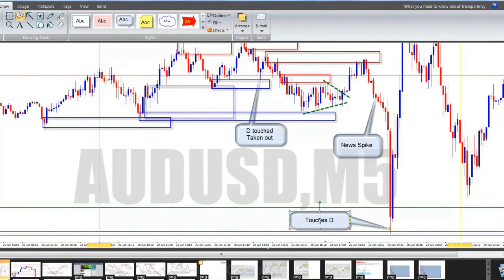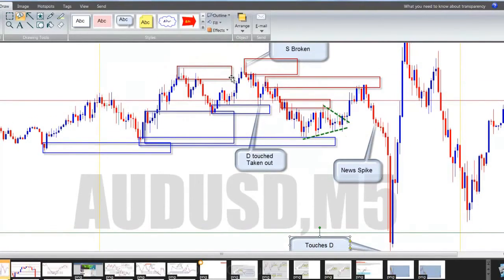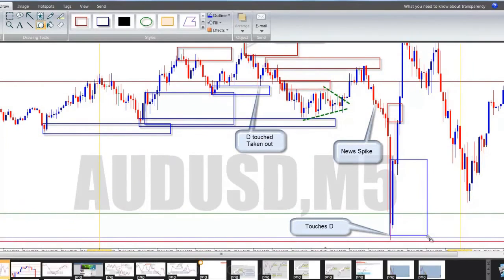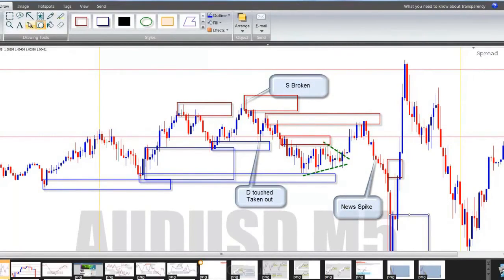Touches D nicely. Rejects back up. It hits supply here. Straight back into demand here. Through this compression which is here.